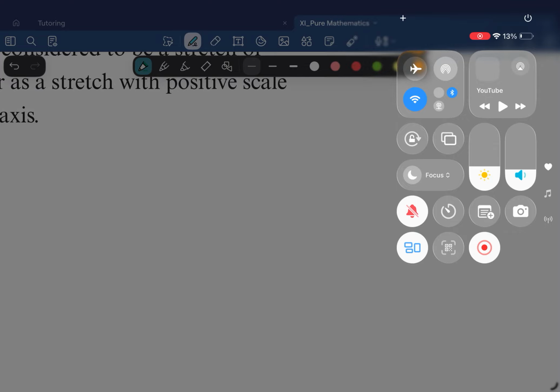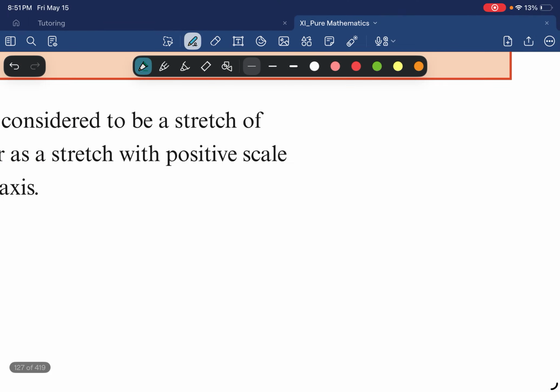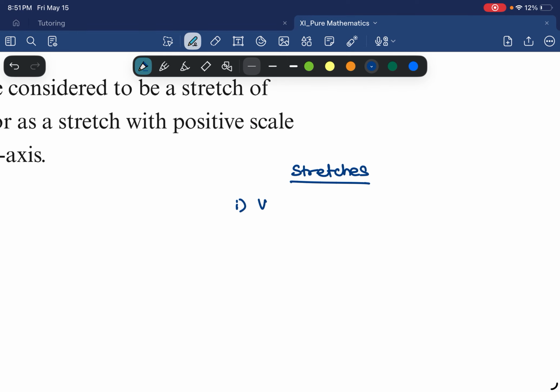In this video, we're going to go over stretches. There's two important things. So one is a vertical stretch of a function.